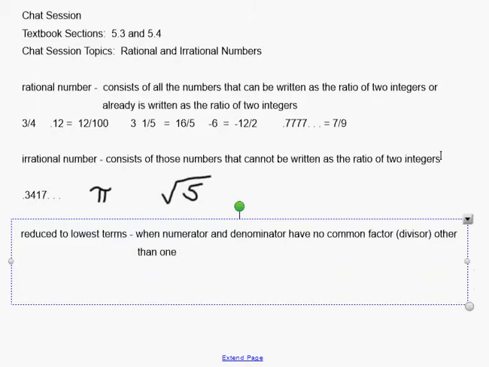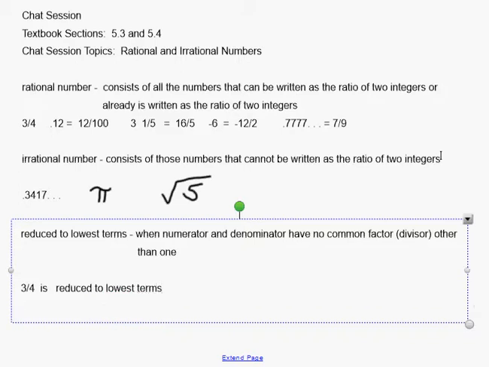So for instance, 4/5 or 3/4 is reduced to lowest terms because 3 and 4 only share a common divisor of 1.